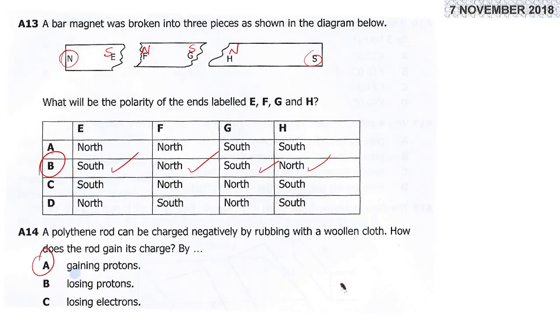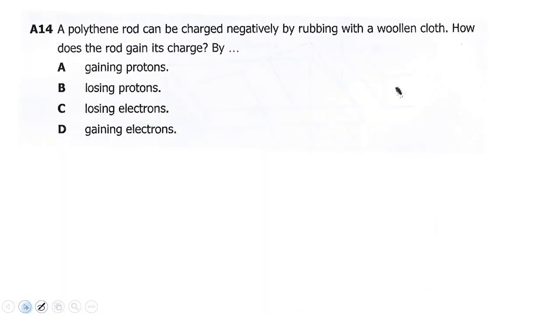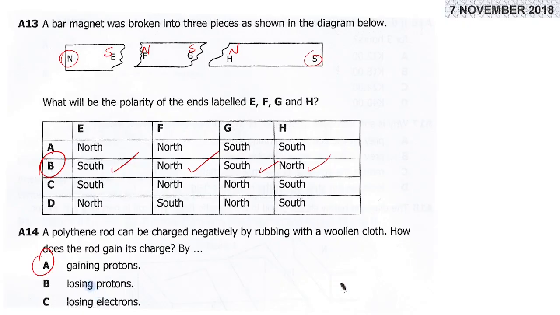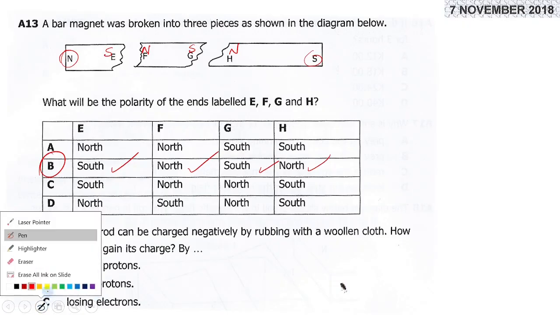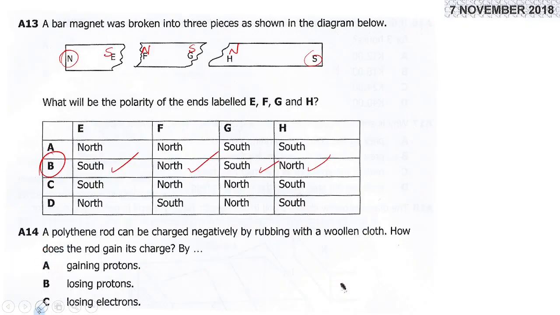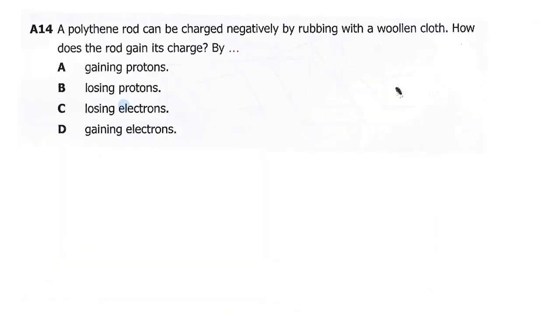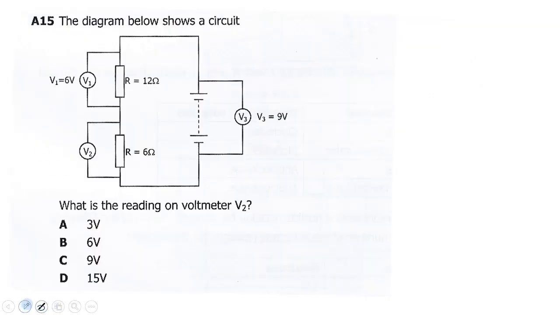Oh, in fact, what have I said? Proton. This is actually wrong. So the full question is here. So by gaining electrons, D.